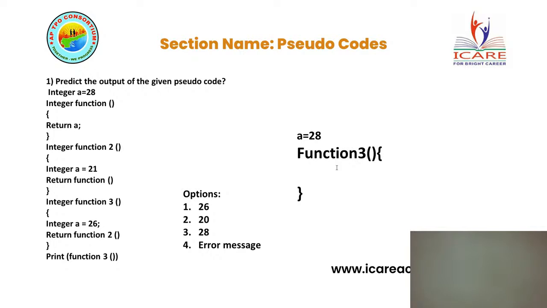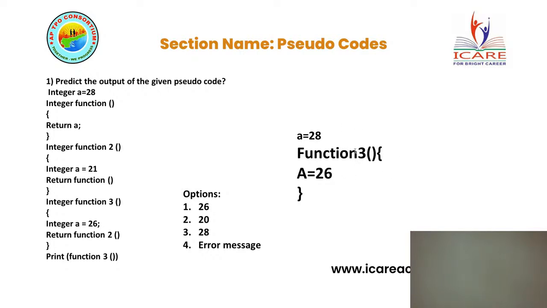Both variable names are the same, a. So whenever we are declaring that a is equal to 26, it overrides the global variable, but it doesn't change the value. Within function 3 only, the value of a is 26.